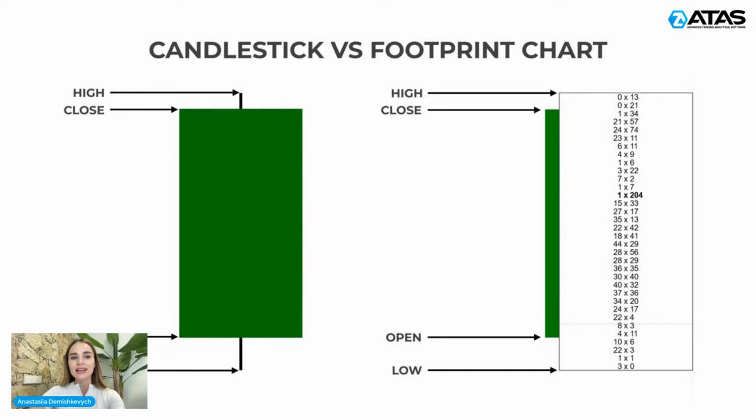And most importantly, it reveals what happened inside of the candle itself. The buying and selling pressure at each and every single price level, so at each and every single tick, the volume traded, and how aggressively traders interacted. So this is a basis of how the footprint looks.